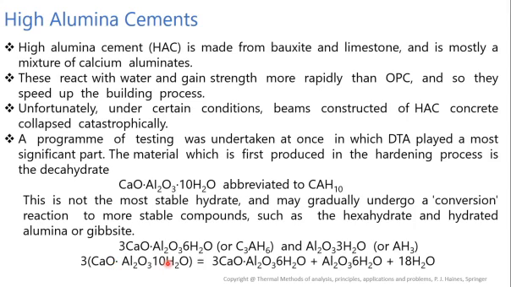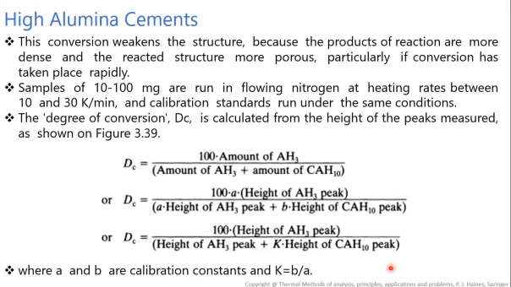Calcium aluminate decahydrate is decomposed into the calcium aluminate hexahydrate plus alumina trihydrate plus 18 molecules of water. The conversion weakens the structure because the products of the reaction are more dense and the reacted structure more porous, particularly if conversion has taken place rapidly.